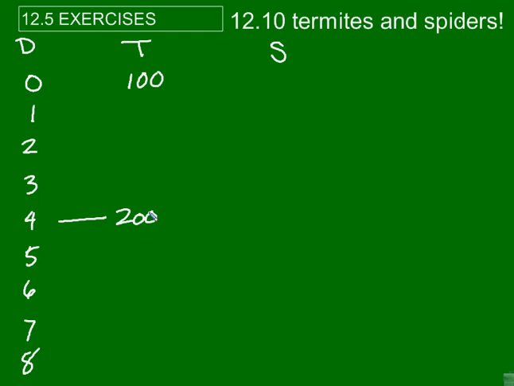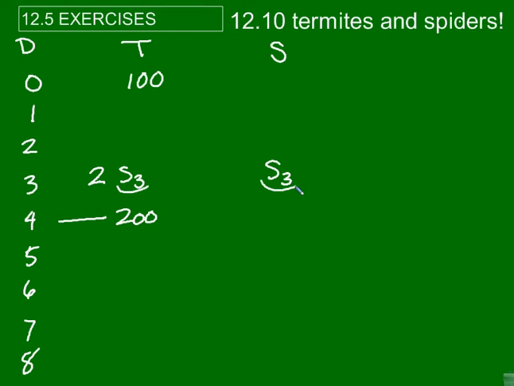But after 3 days moving in, there are 2 times as many termites as spiders, all right? So that means if we call this S3, so spiders on day 3, there's 2 times as many termites as spiders. So if I take 2 of the number of spiders on day 3, I get the number of termites.